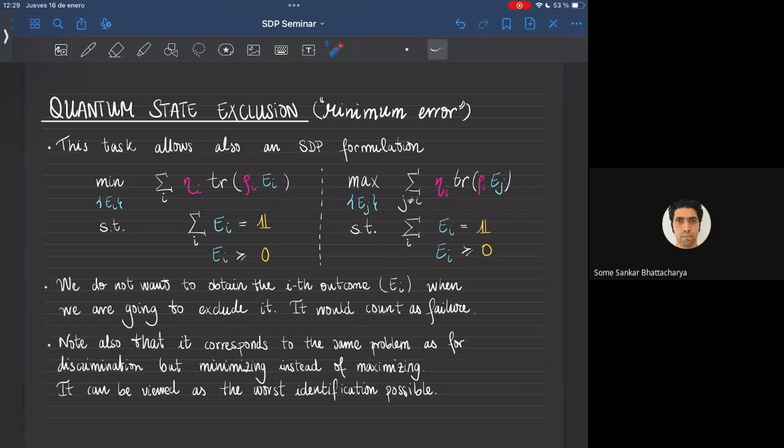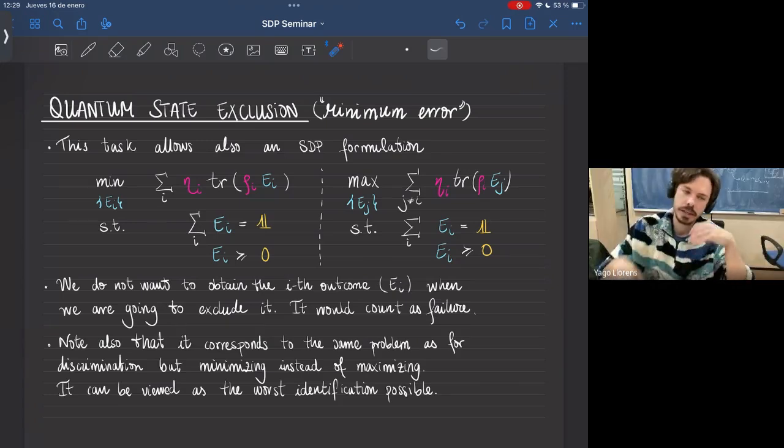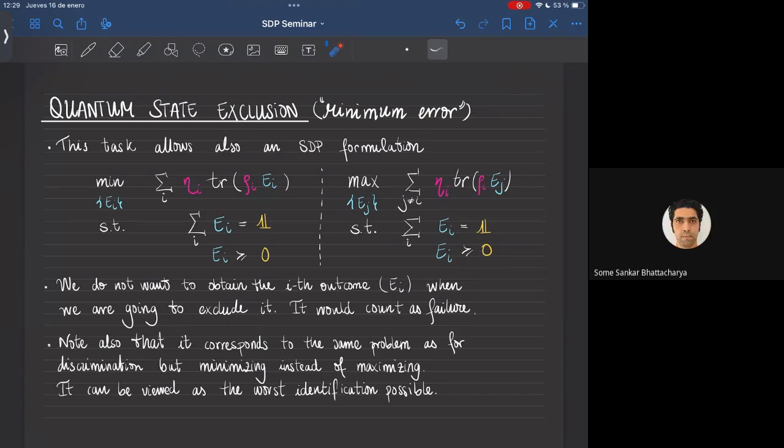But it depends on some cases. For example, if all the diagonal elements of the square root matrix of the gram matrix are equal, it gives you the POVM. But not in all the cases. You have to find it, but you can find it from the gram matrix.